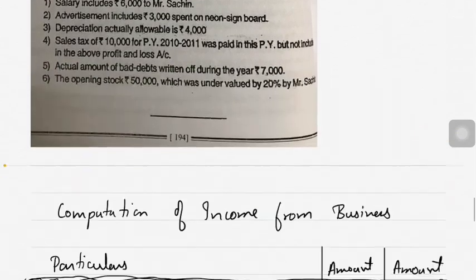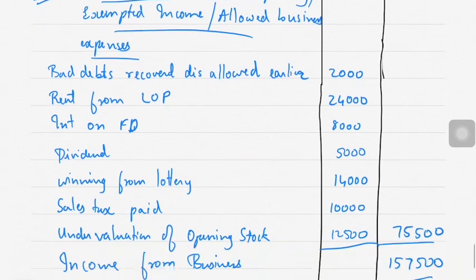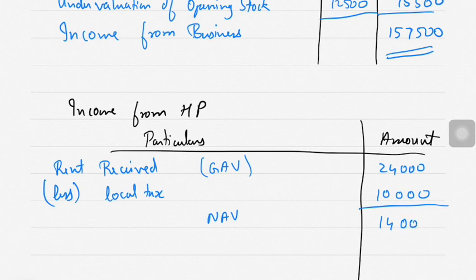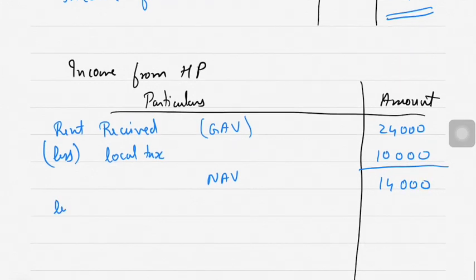Local tax paid was on let out property 10,000. So your NAV is 14,000, less standard deduction, which is 30%.